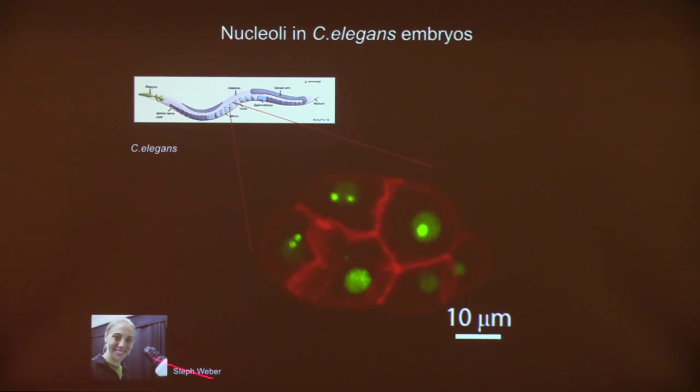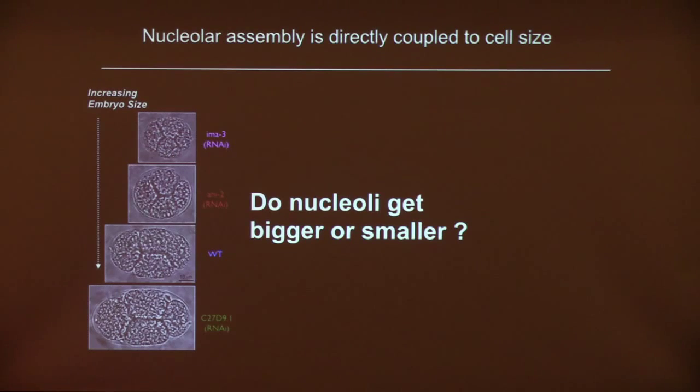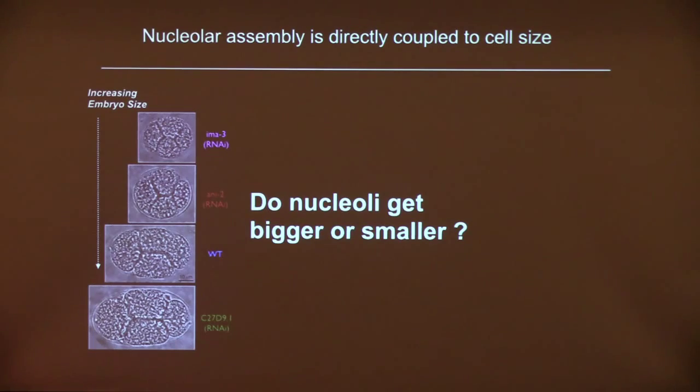This is some nice work by a former postdoc in my lab, Steph Weber. We took advantage of the C. elegans system because we had a really unique handle. We were able to make the embryos bigger or smaller using RNA interference. RNA interference was actually discovered in C. elegans, and it's very easy to use. So you don't have to worry about the details.